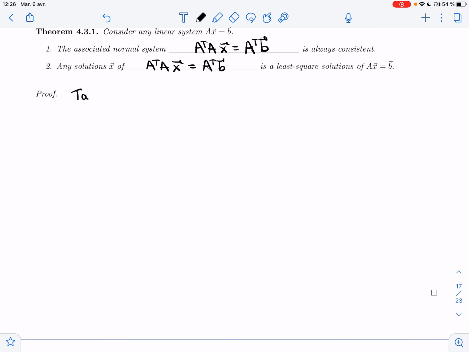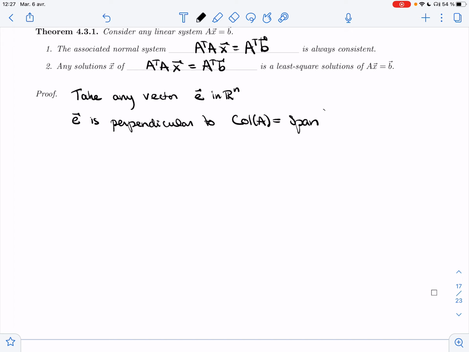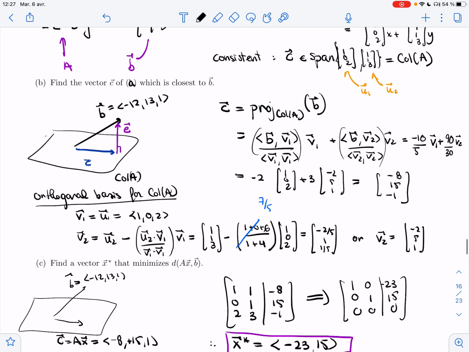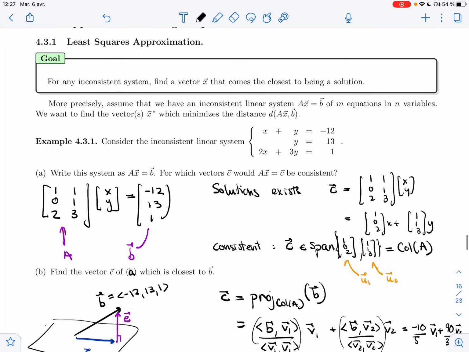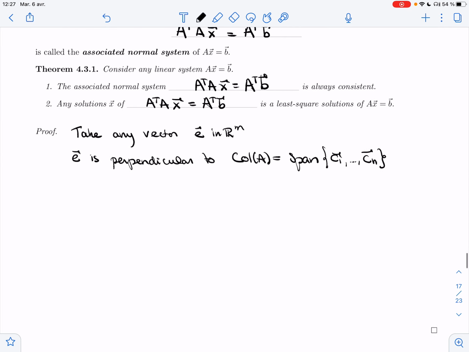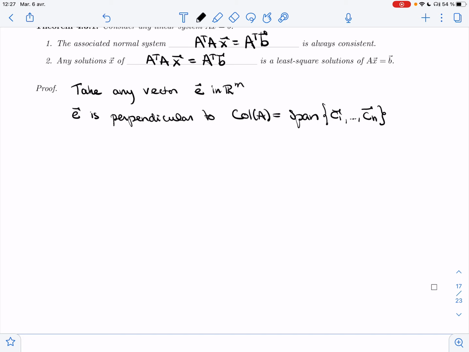All right, so take any vector e in R^m, where m is the number of equations. e is perpendicular to col of A, which is the span of the columns c1 through cn.